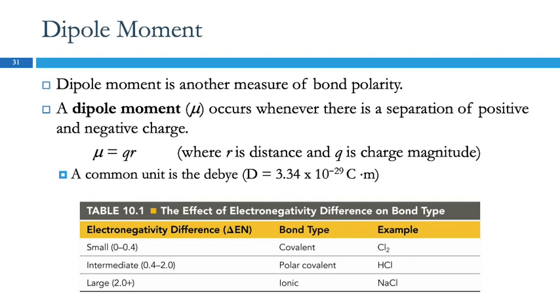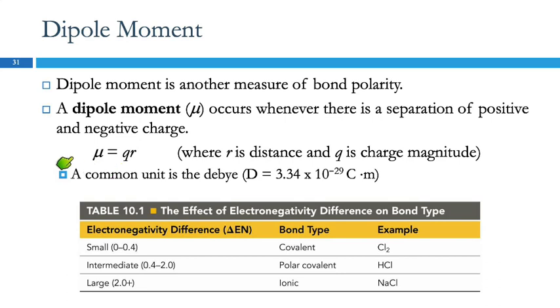So a dipole moment is another way of measuring the bond polarity. This has to do with that separation of charge. A dipole moment happens anytime there's a separation of positive and negative charge. It's dependent on the charge magnitude and the distance between the charges.